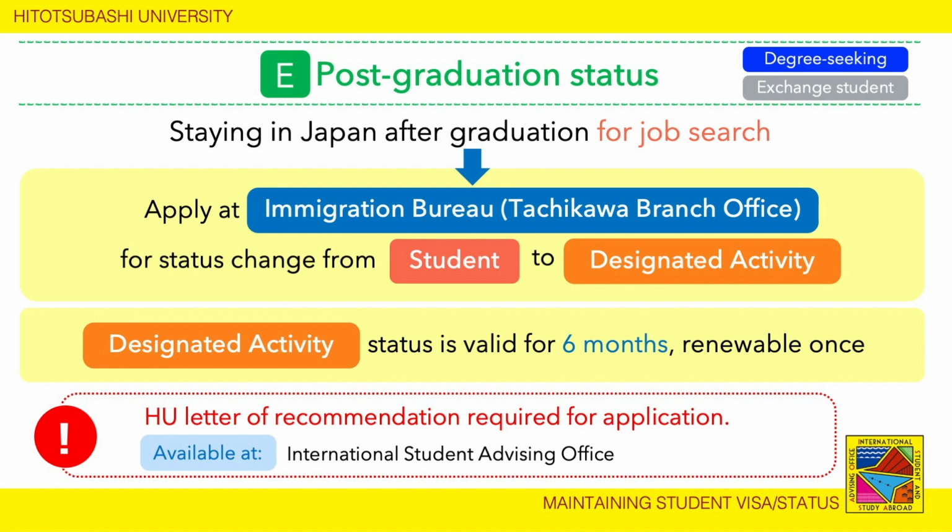You have earned the right to apply to change your status from a student to what's called designated activity. Now, designated activity status allows you to stay for 6 months in Japan for job search activities. And then it's renewable one more time up to a total of 12 months. So you have 1 year after graduation to seek and find a job in Japan.